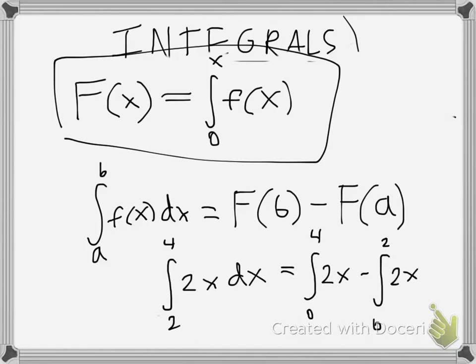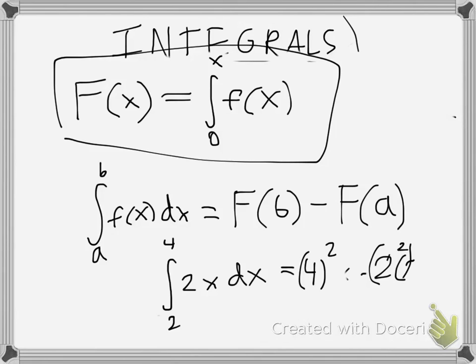Now, what is the integral of 2x? What function, when you take the derivative of it, you get 2x? Well, that function is x squared. So it's going to be the integral of 2x evaluated at 4, which is 4 squared, because x squared is the integral of 2x, minus 2 squared, which is the integral of 2x evaluated at 2.